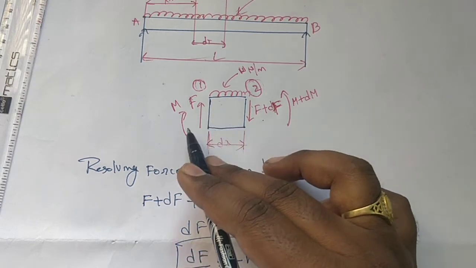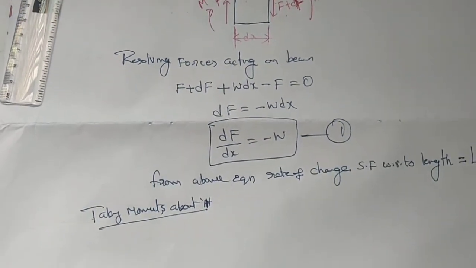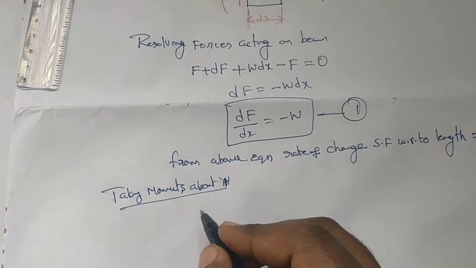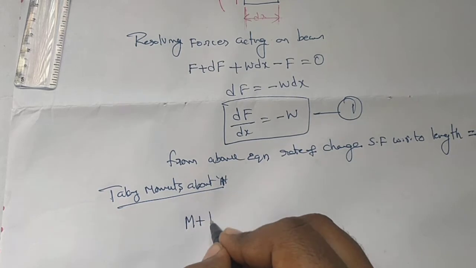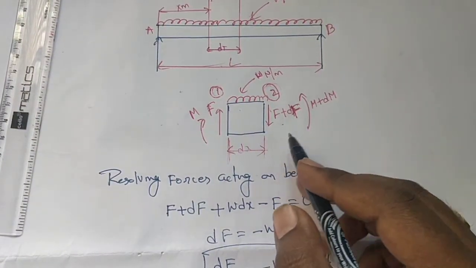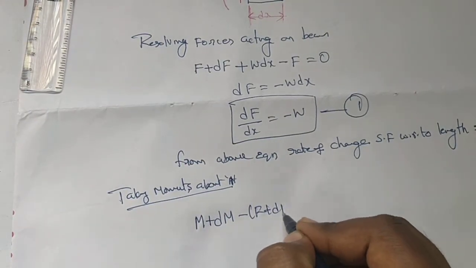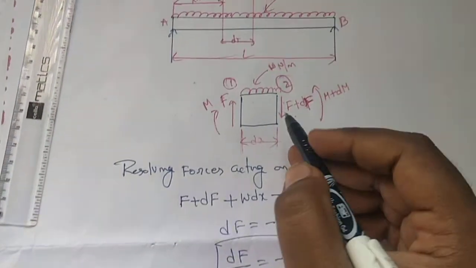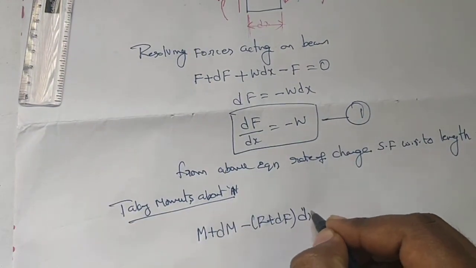Considering all the forces, on the right side M plus dM is acting anti-clockwise, so it is taken as positive. Next, F plus dF is acting clockwise, so it is taken as negative: minus F plus dF into the distance dx.